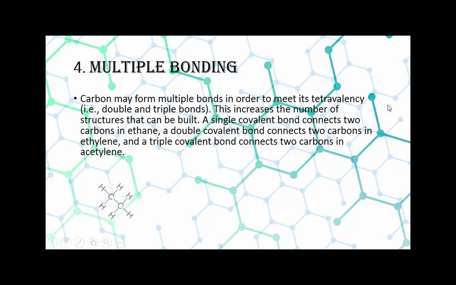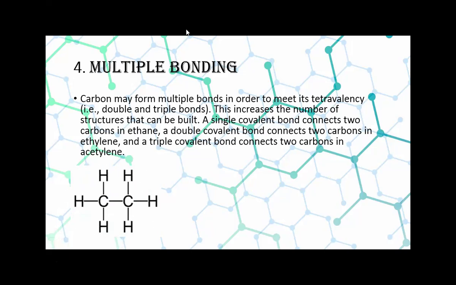So you can see here a single covalent bond connects two carbon atoms in ethane. In this structure you can easily see that the carbons have a single bond in between. Now, moving on, a double covalent bond connects two carbon atoms in ethylene.